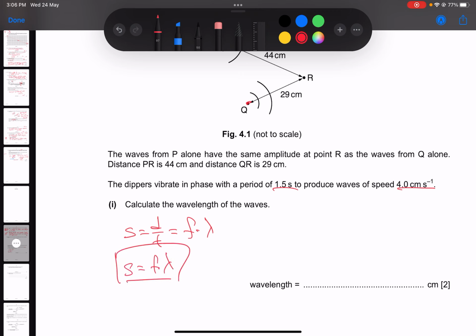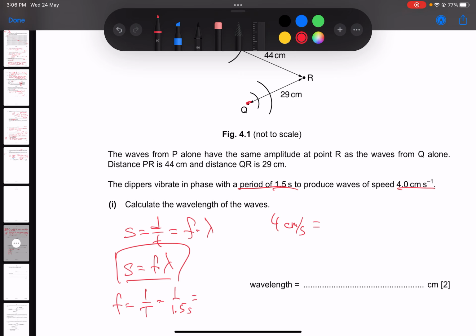Everything is given to us simply. Speed is given: 4 centimeters per second equals frequency times lambda. Period is given, 1.5 seconds. Frequency is going to be 1 over T, so 1 over 1.5 seconds.